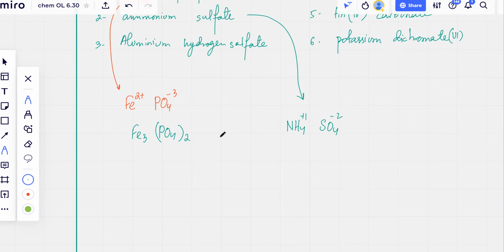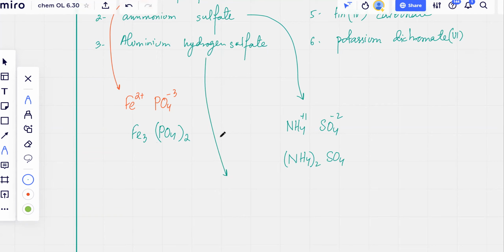So if you do crisscross in this case, it's going to become NH4. How many NH4s? So 2. You put a bracket and 2. And SO4 would just be 1, so you just write SO4. Don't need to add brackets to it or write 1. There's just going to be 1 SO4.